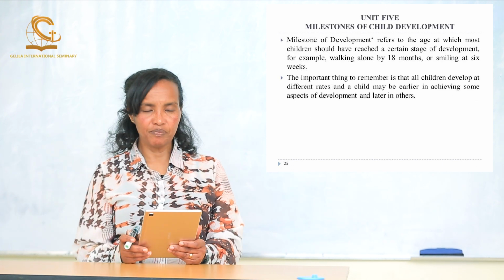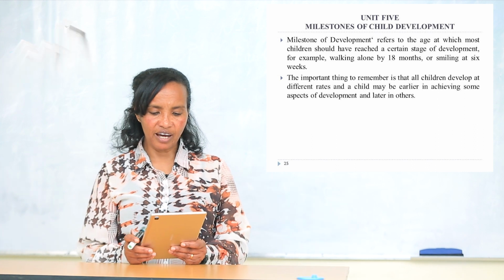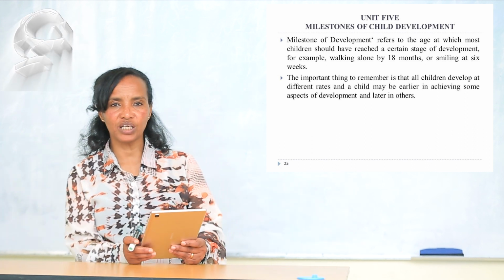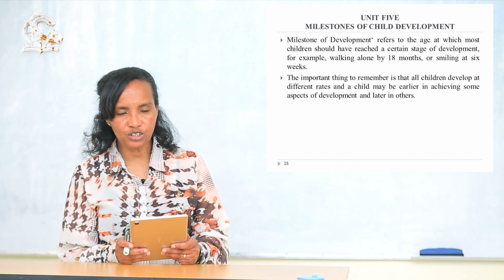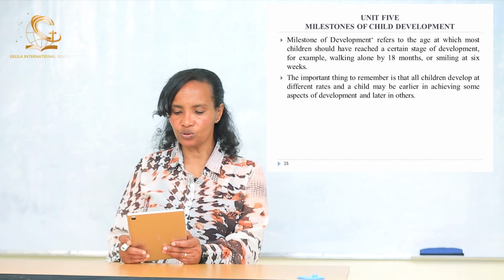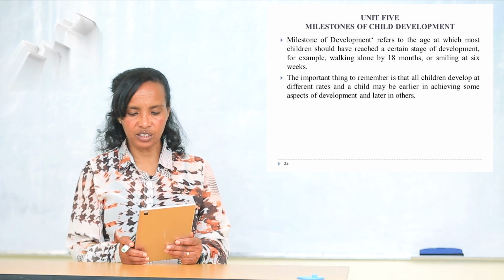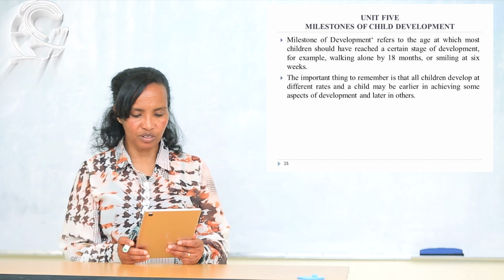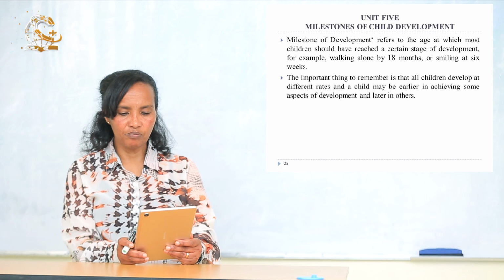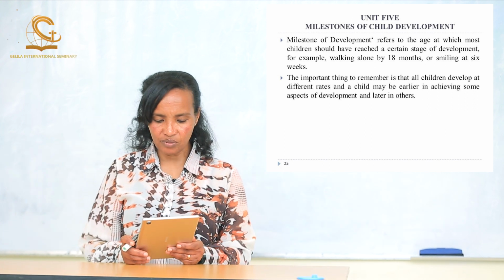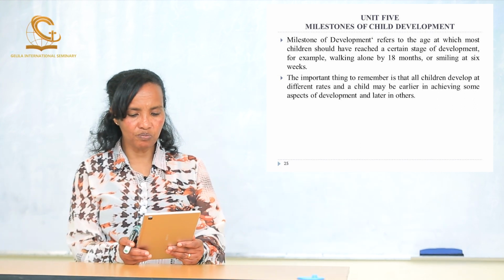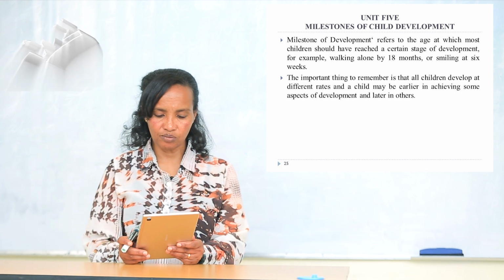After we see the aspects of development, Unit 5 is about milestones of child development. This milestone of development refers to the age at which most children should have reached a certain stage of development. For example, we expect babies to walk at around 18 months and also smile at 6 weeks.